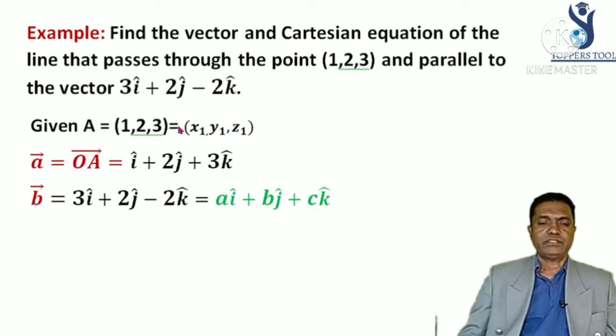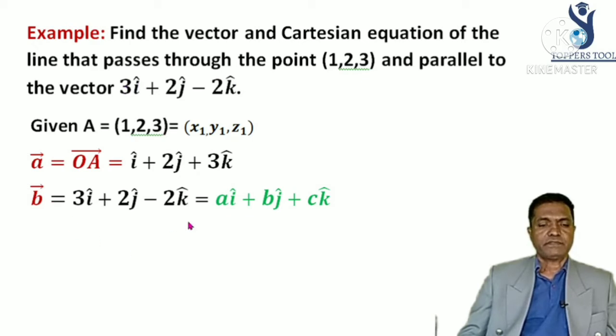Let us call A as 1, 2, 3, and we call it x1, y1, z1, and its position vector is given by vector a, that is 1i cap, 2j cap, 3k cap. From the point you can write its position vector, and you are given which vector the required line is parallel to. So this is your vector b.